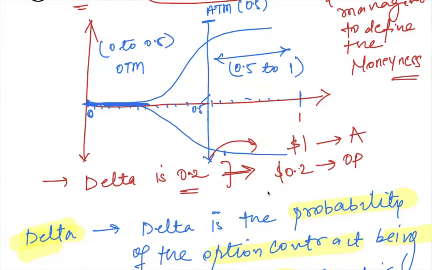Your y-axis is nothing but your delta, and this is your stock price, sorry, your range.